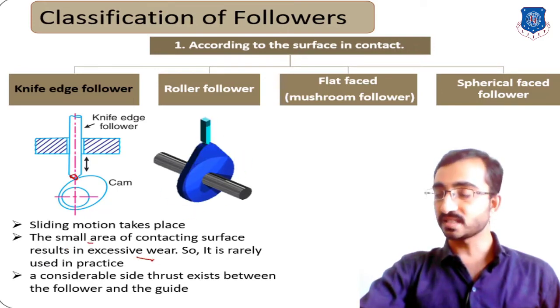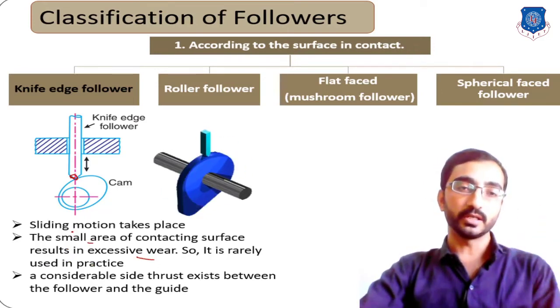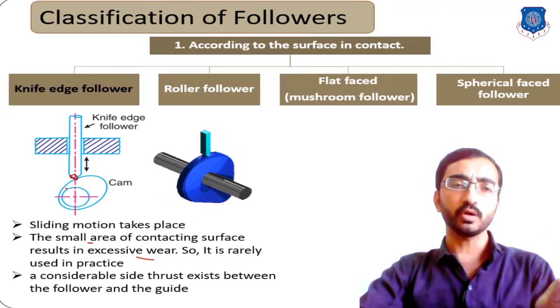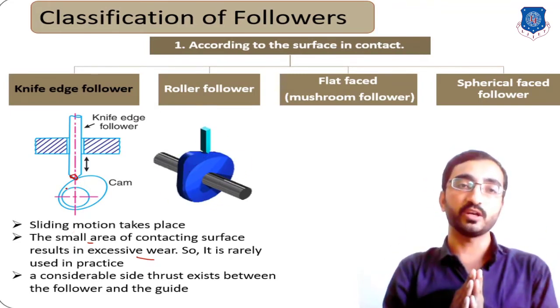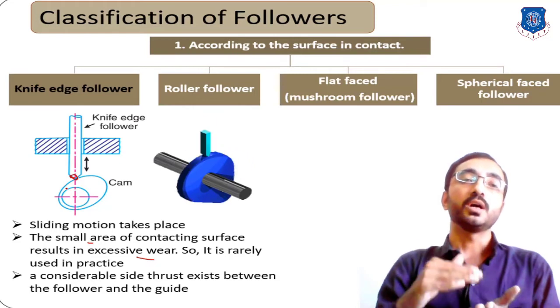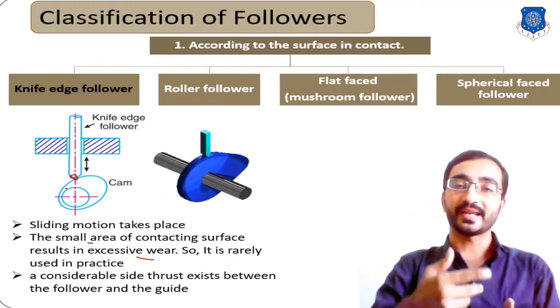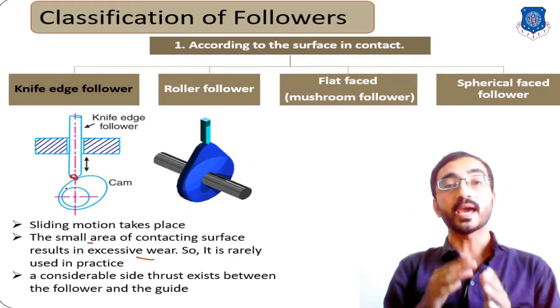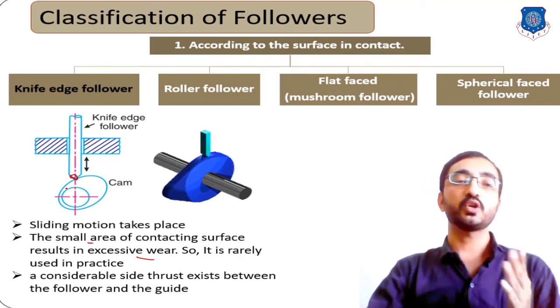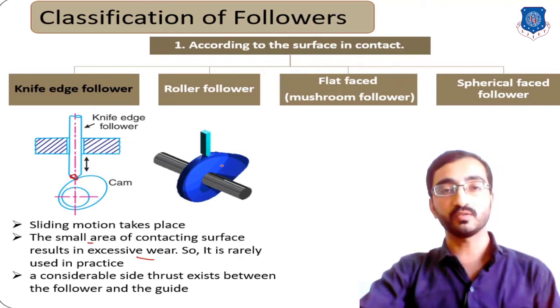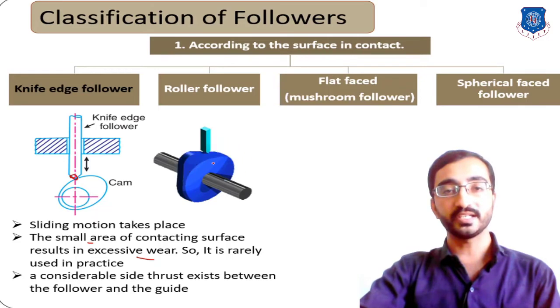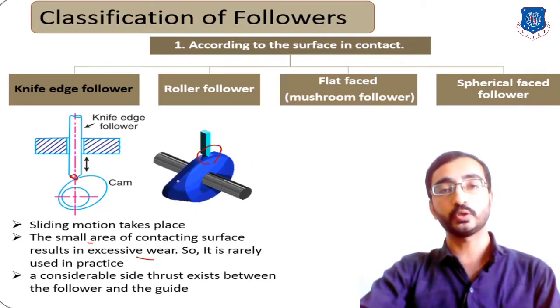Due to this excessive wear, you have to change the follower at regular intervals. Another disadvantage is that it produces side thrust, which you can observe here due to this rotation.